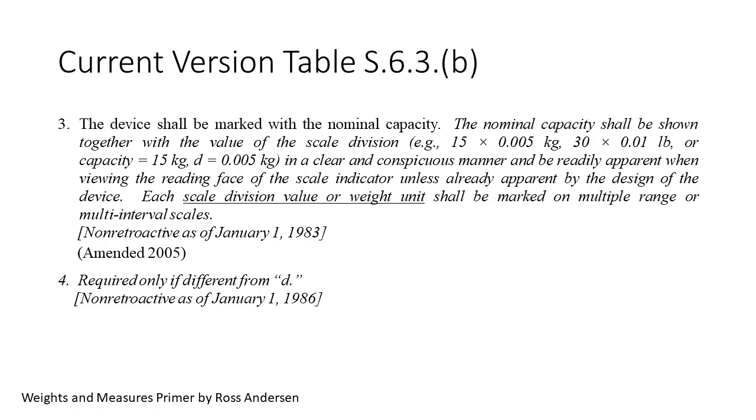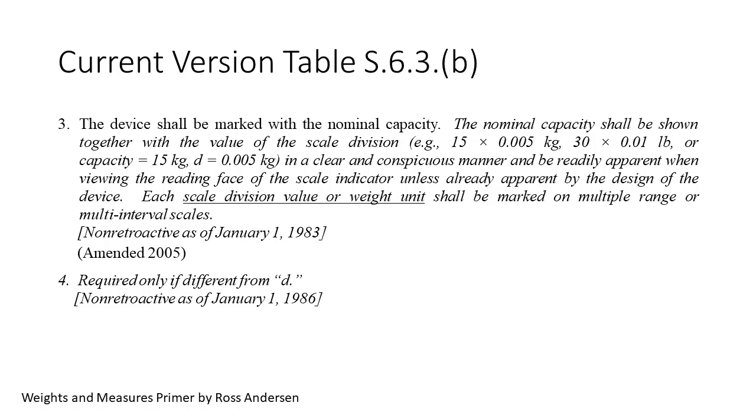The text now requires scale division D and weight unit. A weight unit is a pound or a kilogram. The text does not really say what is intended, namely that capacity and verification scale division E be marked for each range or partial range.